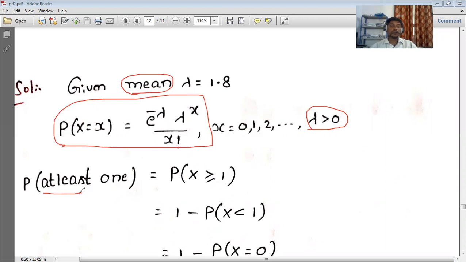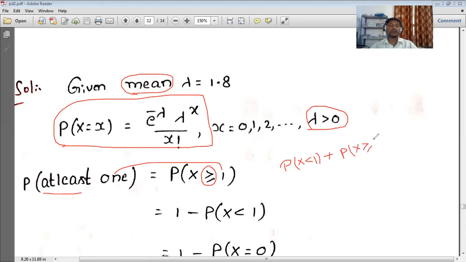The probability of getting the number of accidents at least one: at least is nothing but greater than or equal to, and 1 is nothing but 1. Now we don't know the value of n, so for that there is no alternative but to use the sum of the probabilities: P of x less than 1 plus P of x greater than or equal to 1 is equal to 1.